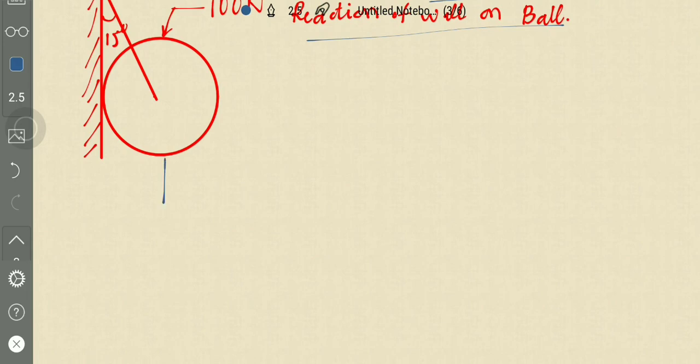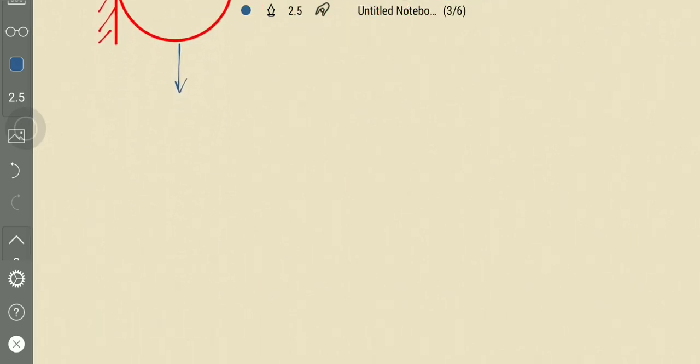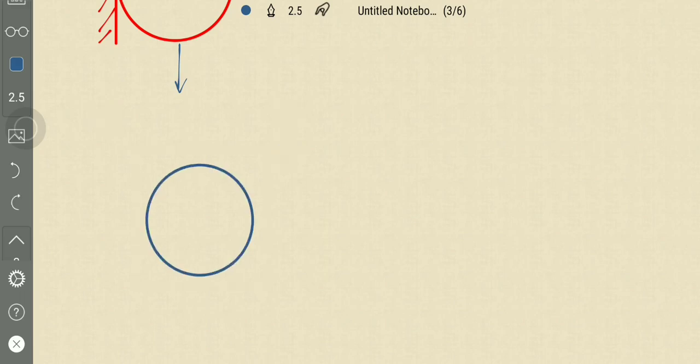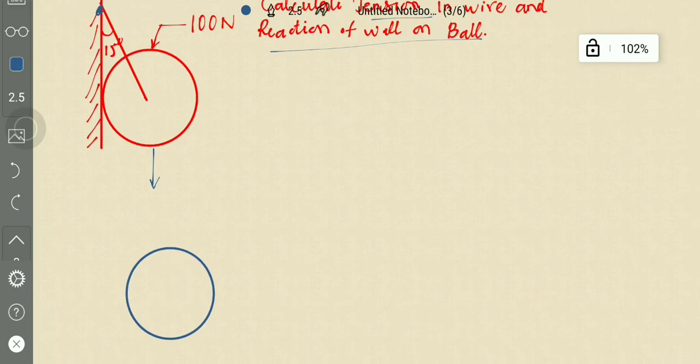If we consider this as the body, this is the body, and what are the forces acting on it?